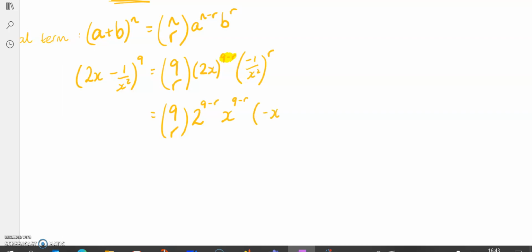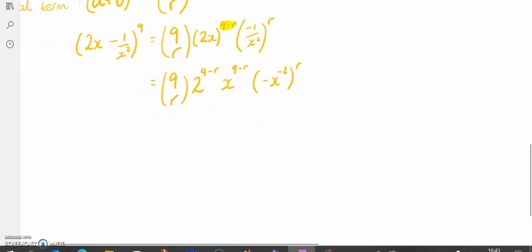And I can rewrite this as minus x to the minus 2, all to the power of r. I'm going to have 9 choose r, 2 to the 9 minus r, x to the 9 minus r, and then we're going to have minus x, I'll rub that out, sorry.